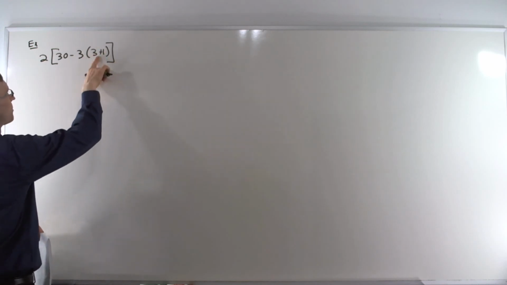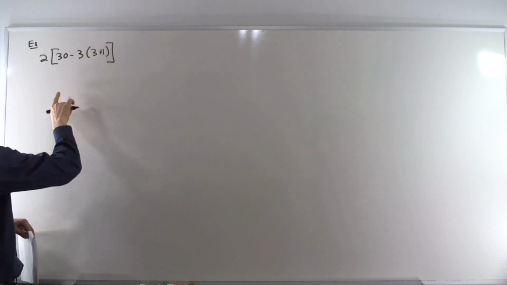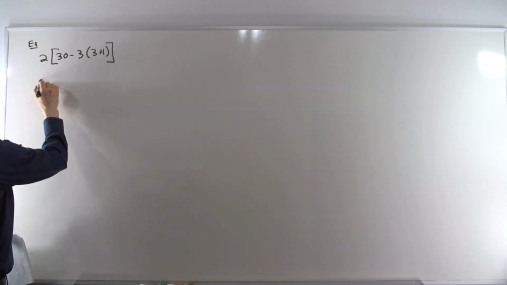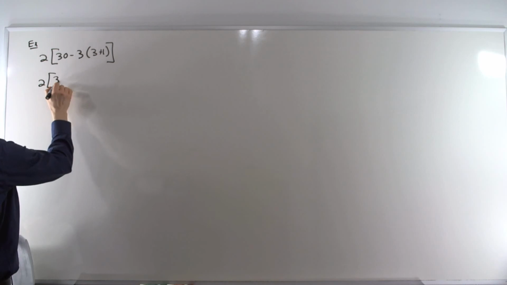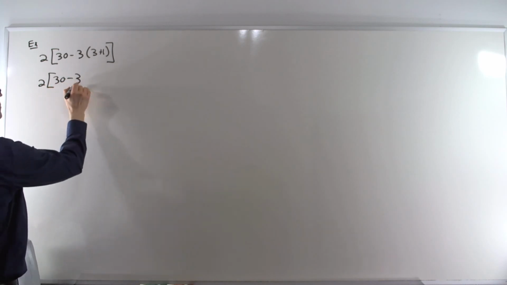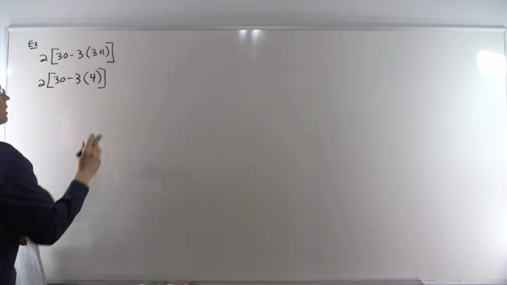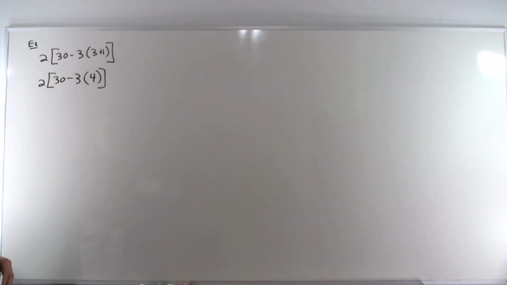We're going to simplify as much as possible here before we do things like distribution. So 3 plus 1 is 4, and that takes care of the inner parentheses.